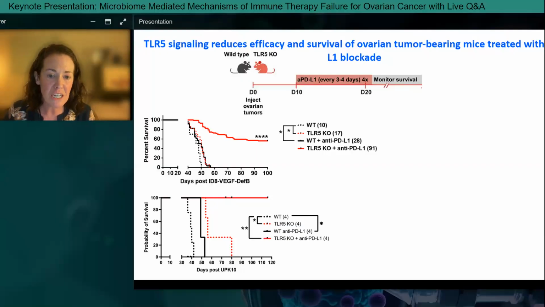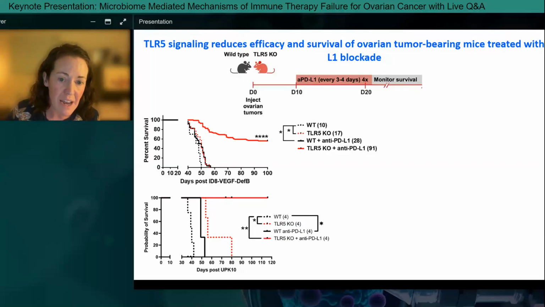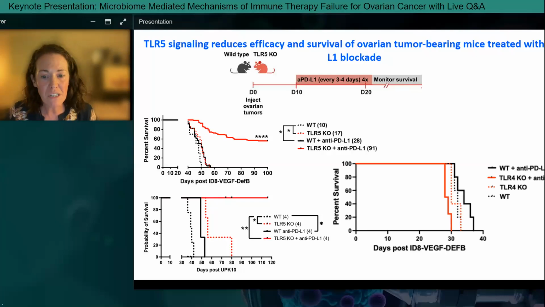And you can appreciate, looking at the solid red line, that when you give TLR5 deficient animals immune checkpoint blockade, there is a significant survival benefit. Importantly, and corresponding with the human data from the GPA cohort, TLR4 deficient animals do not receive a benefit from immune checkpoint blockade, again demonstrating that this is unique to TLR5 in the ovarian tumor microenvironment.